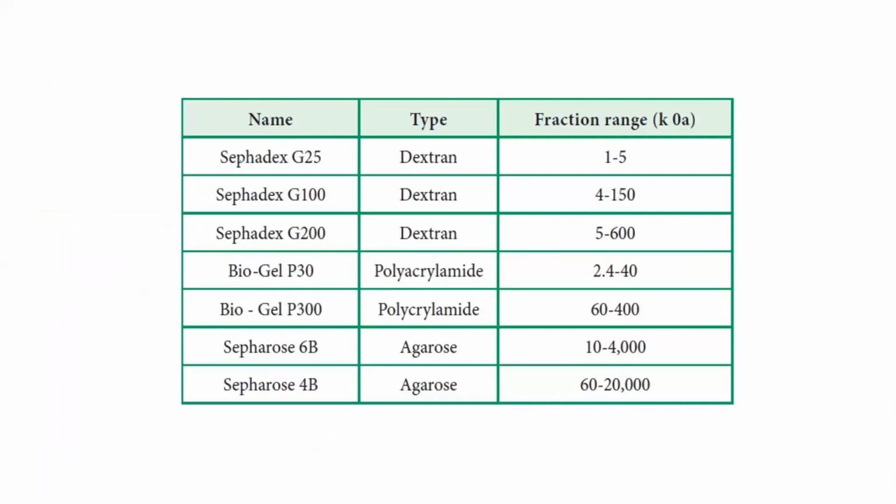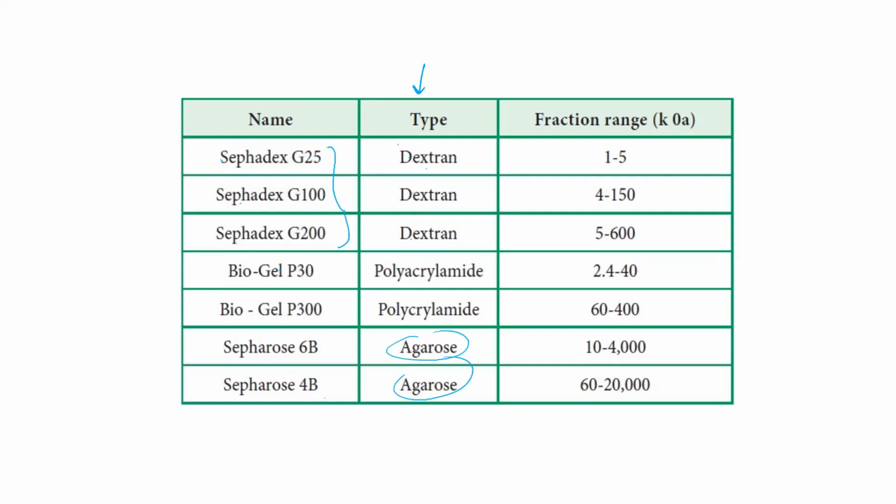So you have Sephadex G25, Sephadex 100, Sephadex 200, and this tells you what polymer it is. The first three are dextran, polyacrylamide, and if you look at Sepharose 6B, Sepharose 4B, they are made up of agarose. Your matrix here is dextran, but what changes is the pore size.